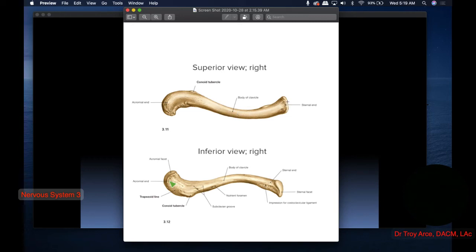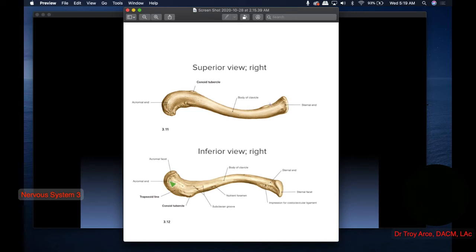Your sternal end is the thinner of the two ends. Your acromial end is essentially concave. So this is concave, and this is convex.